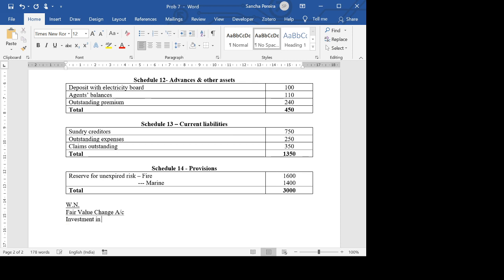Please pay attention to this: investment in government securities, which is 2,400, and we also have shares and debentures of joint stock companies, which is 1,500.